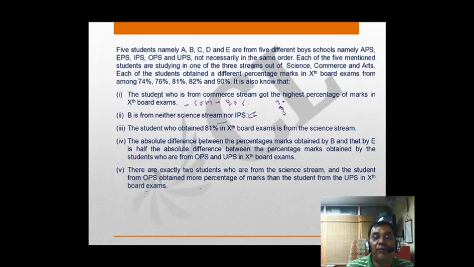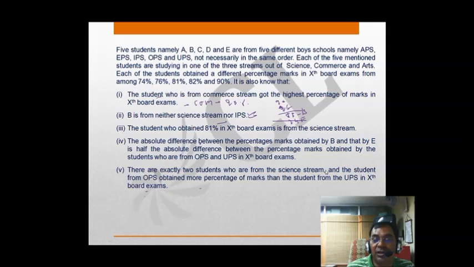So first of all, with 90 and 76 I can comment, and then 81 and 74. But 74 we know that 81 cannot be B, so it will be E, B, and here it can be, okay.